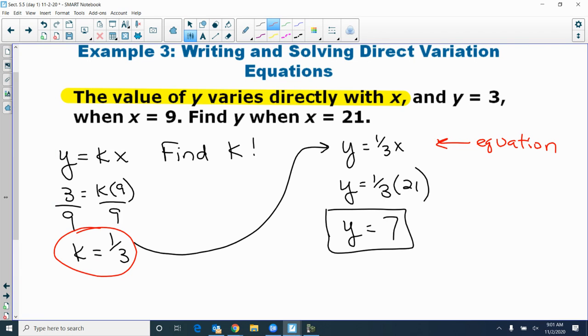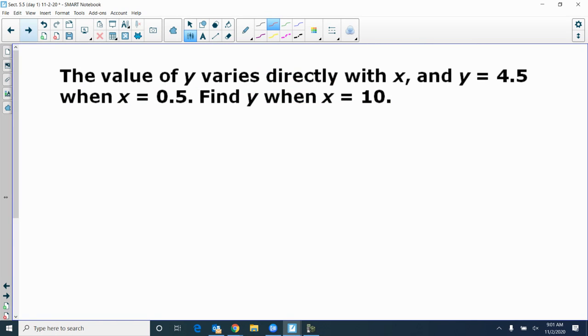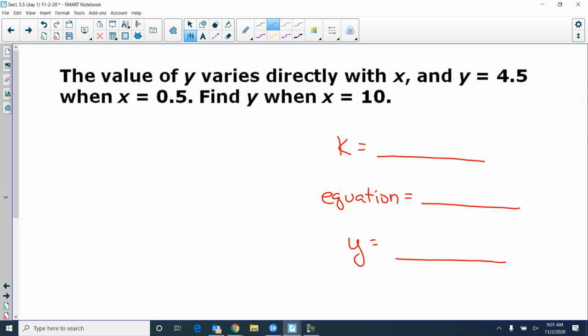All right, so let me do that for this next one. Read through this. I want you to figure out what k equals, what your equation is, and then what y equals when we're done. If you think you can work through there, go ahead. If you're not quite sure, just wait.